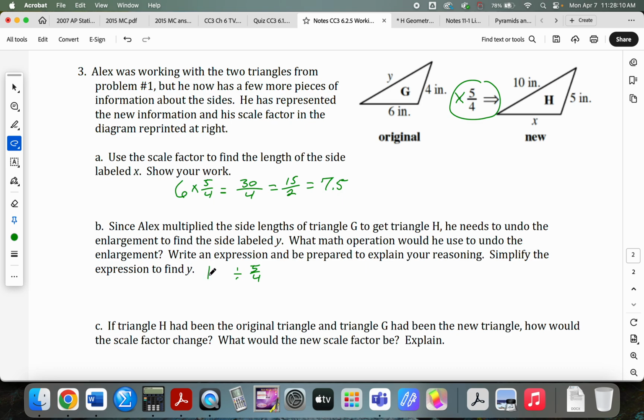So that's going to be H divided by 5/4 is going to give us G. So let's find Y. So we're going to do 10 divided by 5/4 to find Y. When you divide by a fraction, it's the same as multiplying by the reciprocal. So this would be 40 over 5 is 8 inches for Y.